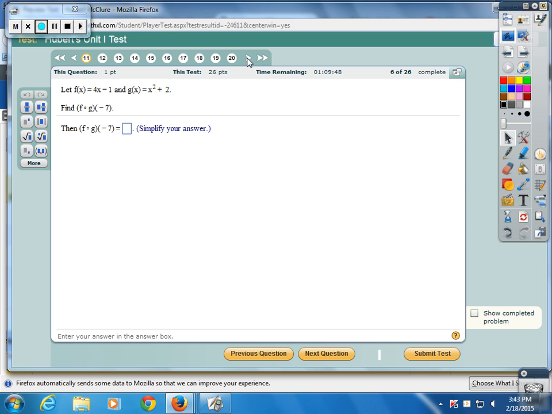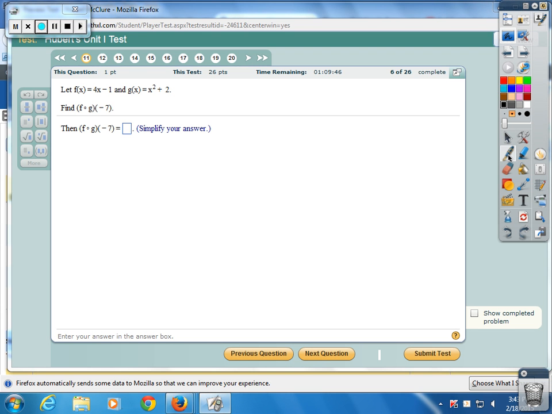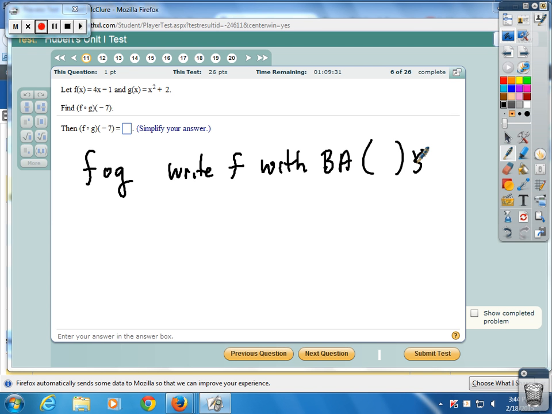F composed of G. When you're in the F of G, that means that you're going to write F with big parentheses. So what is F of x? 4x minus 1.